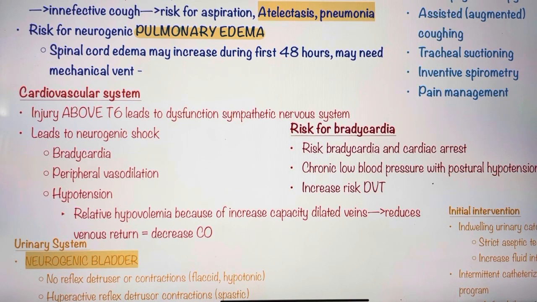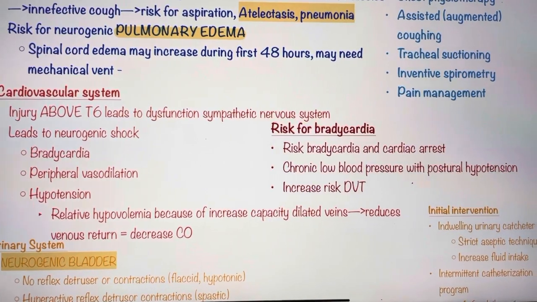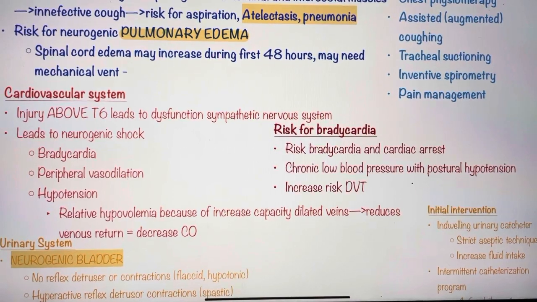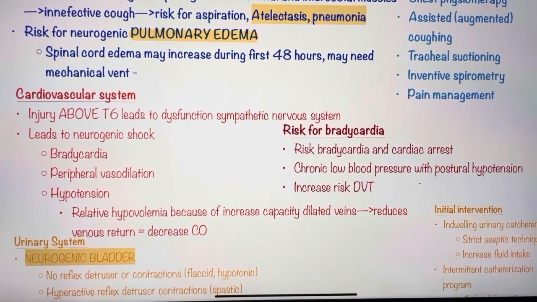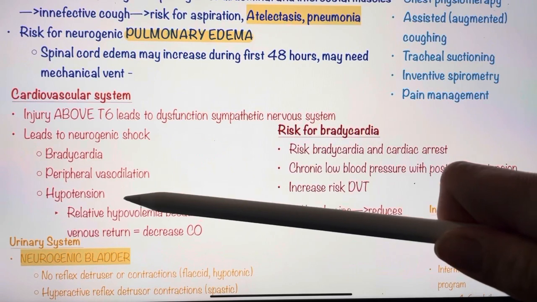And if you think about that, anytime we have vasodilation, we are going to have hypotension because that blood vessel is dilated. It's like drinking a milkshake out of a larger straw. It's not going to have as much pressure. It's going to be easier to flow. So that peripheral vasodilation is going to cause hypotension.